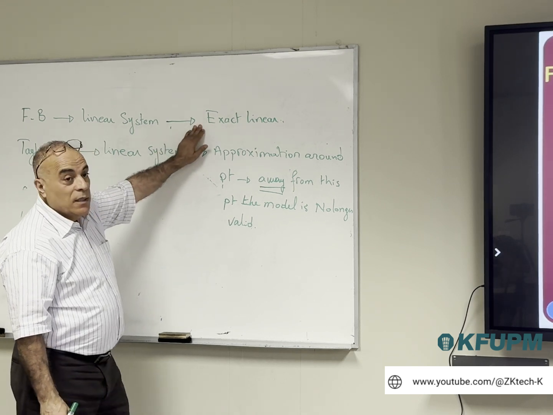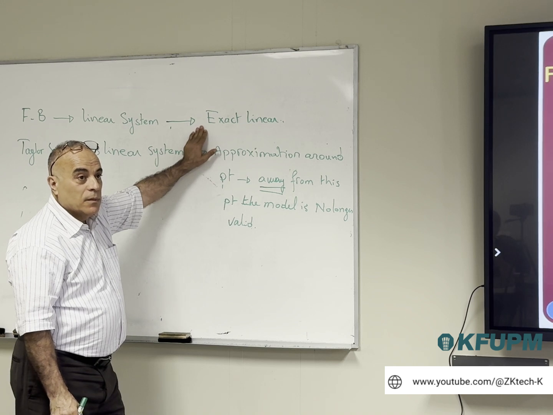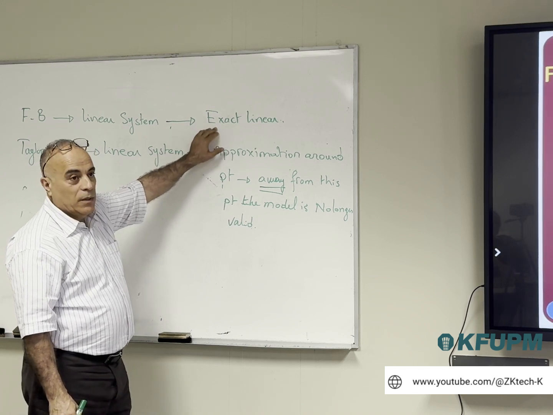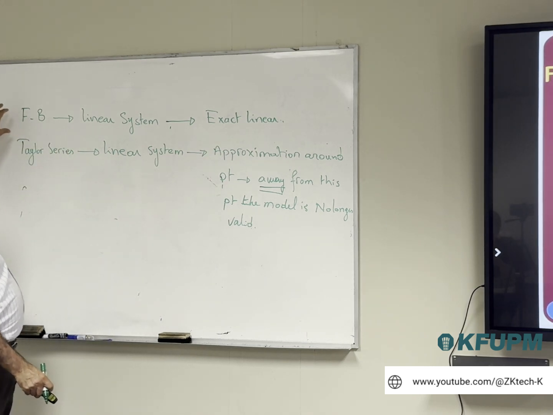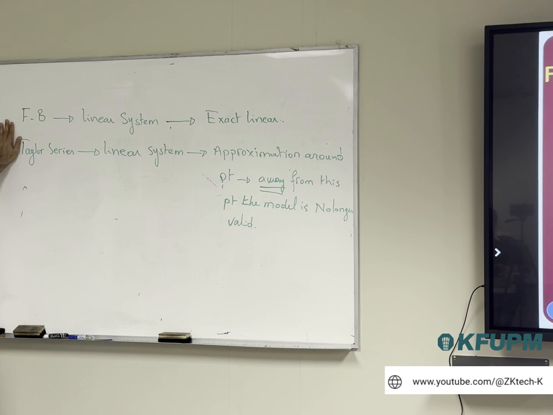However, feedback linearization is valid anywhere. So this one can be extrapolated. This one uses Taylor series, and this one uses feedback to make it linear. This is the difference between the two. Everybody is okay with this? Also, with feedback linearization we keep all the information about the system, but with Taylor we lose the information about the dynamics.